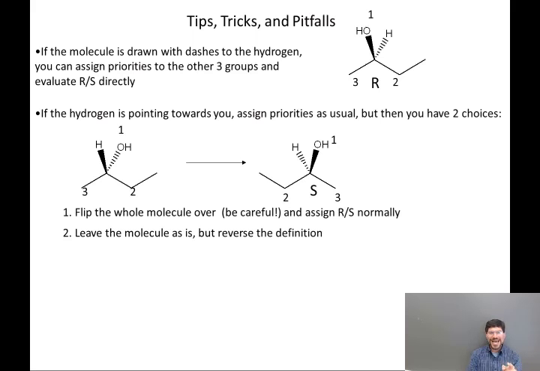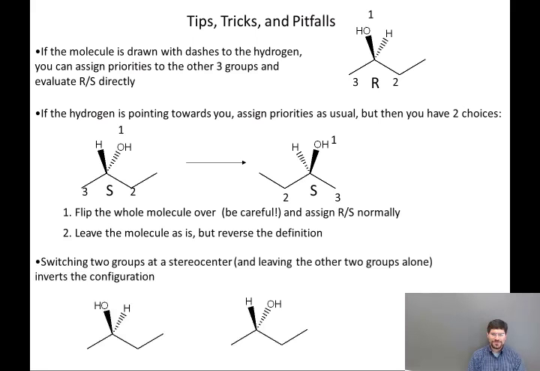If you just trace out your circle based on groups 1, 2, and 3 here on the screen, it's going to look like it should be R if that hydrogen were pointing away from you, but because the hydrogen is pointing towards you, it's actually S. So these are your 2 options. You can choose whichever one works the best for you, but you need to be consistent. You need to find something that works and stick with it.